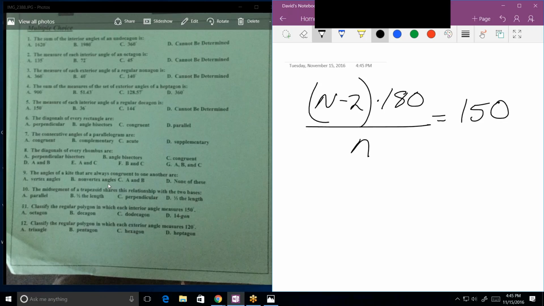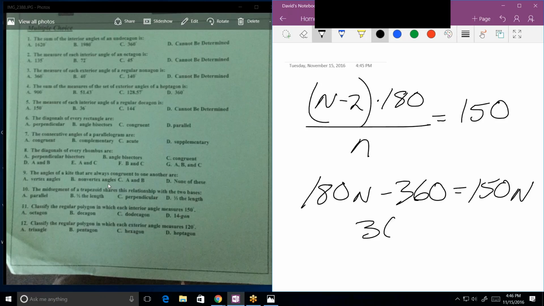Now we just have to solve for n. (n minus 2) times 180 equals 150n. So 180n minus 360 equals 150n. Add 360 and subtract 150n: 30n equals 360. So 360 divided by 30.